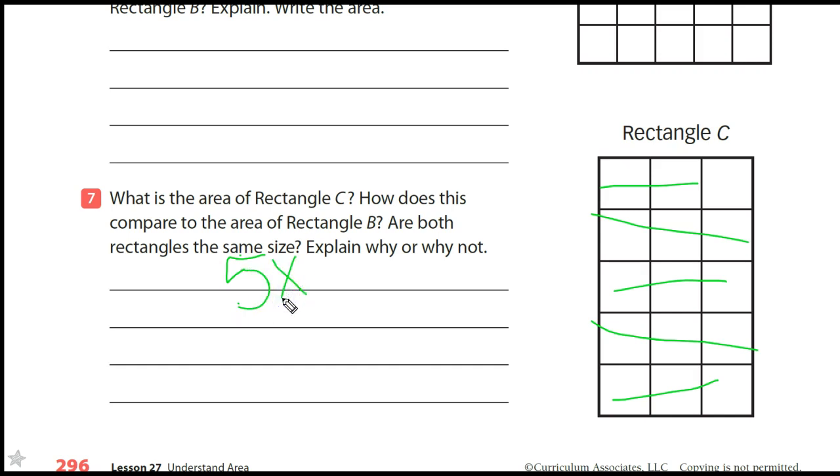How many in each row? 3. So rectangle C has 5 times 3, right? But rectangle B has 3 times 5. Do they have the same area? Yes.